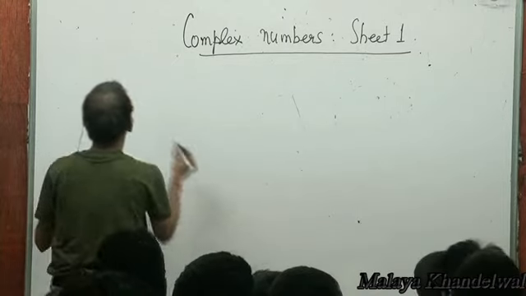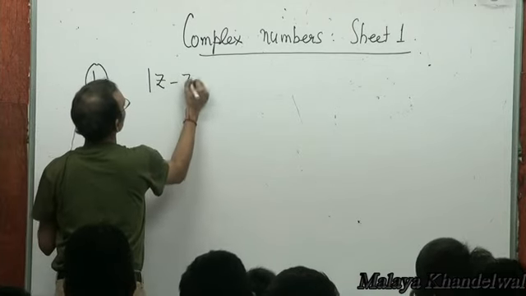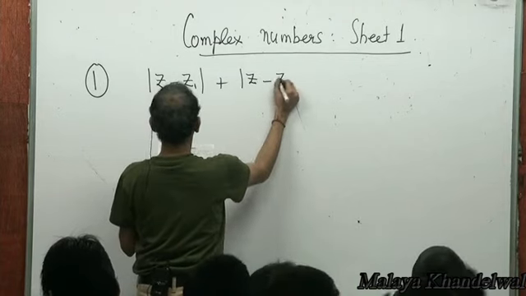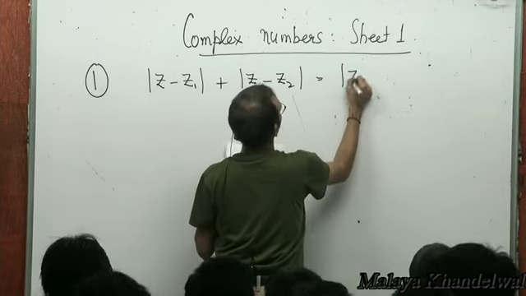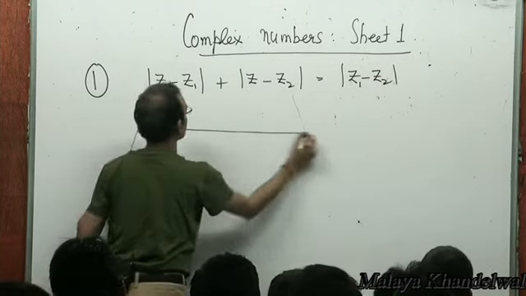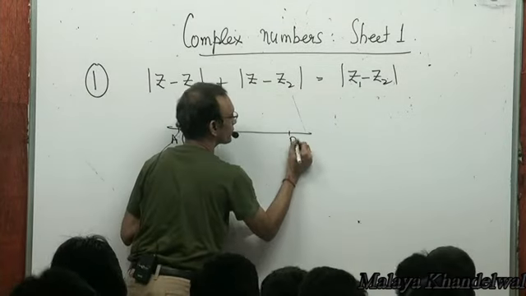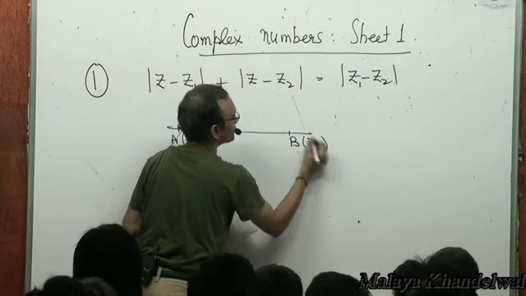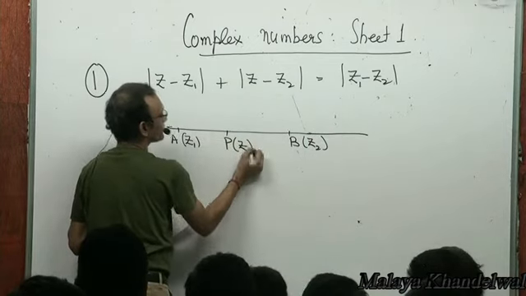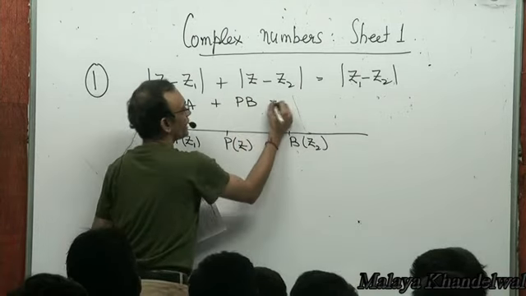Of course, the first few problems I have already discussed with you. If I said mod z minus z1 plus mod z minus z2 is mod of z1 minus z2, where z1 and z2 are fixed points A and B, then this statement is like, if there is a point P which is z, PA plus PB equal to AB.